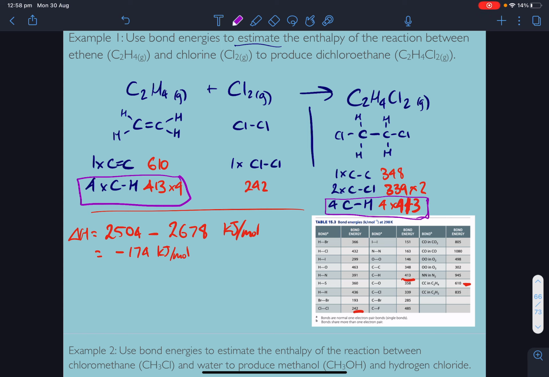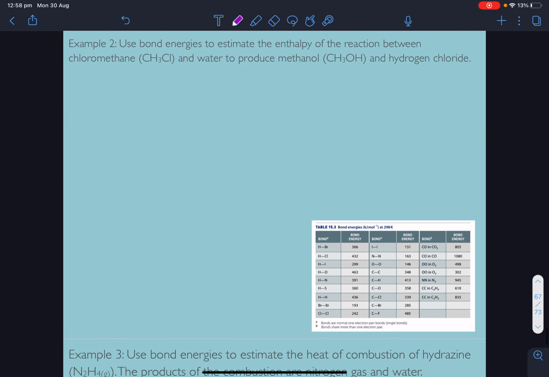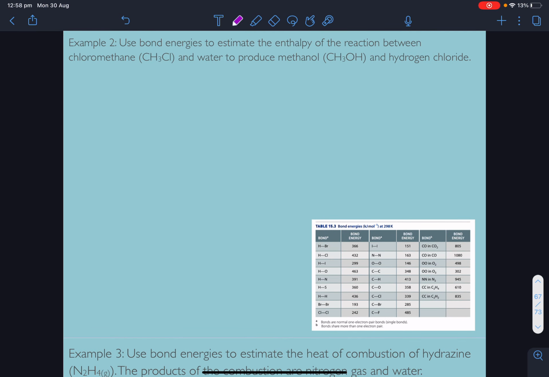So there's another way where you can do it and just class it as the bonds broken minus the bonds made, because any bonds that remain unchanged would have been in both sides of the equation. So we had 4 times 413, and then we minused away 4 times 413, so it didn't really matter. So another way you can approach these is to look at bonds actually broken versus bonds made, rather than a total bond energy. Okay, let's do another one.